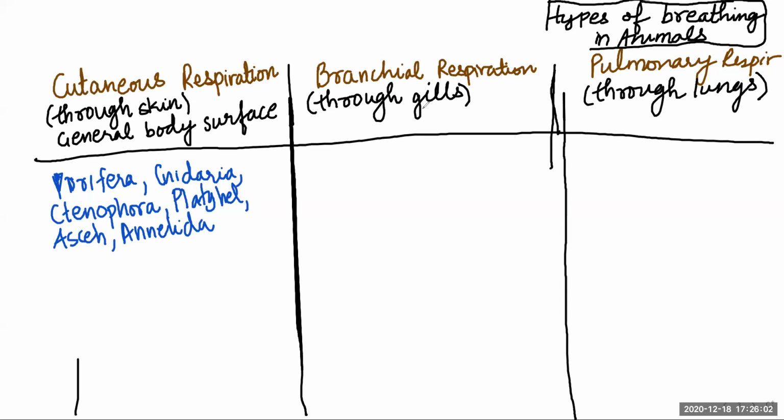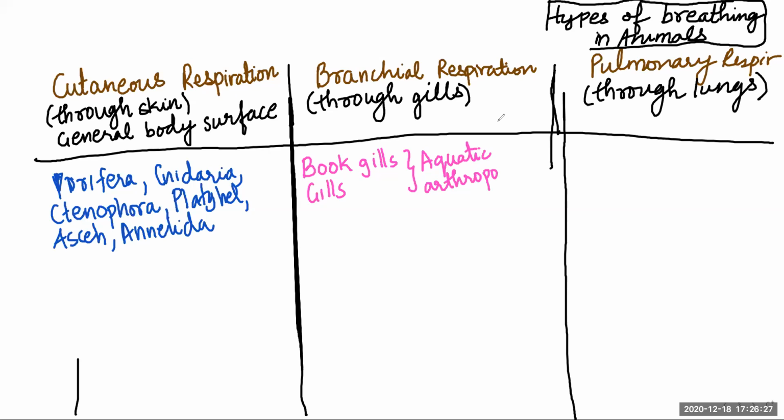Annelida के बाद आता है आर्थ्रोपोडा. यस. सो आर्थ्रोपोडा में क्या होने वाला है? अलग अलग ग्रुप्स है. Like there are book gills, and then there are gills. This is found in aquatic arthropods. Yes.